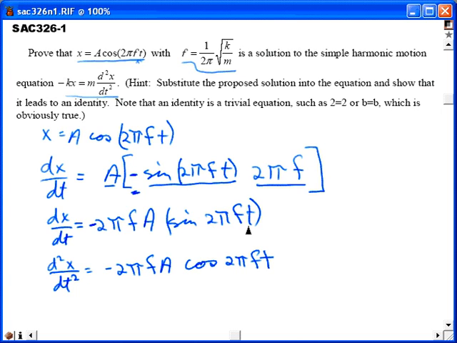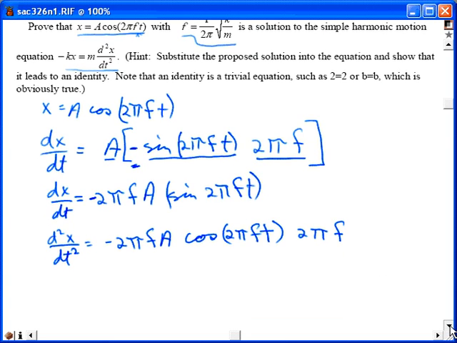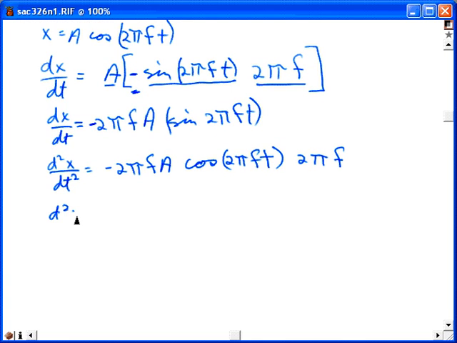And then times the derivative of the argument of the sine with respect to t, which would be the 2 pi f. So for the second derivative, I got a 2 pi f there and a 2 pi f there. Multiply them together. I've got, I'll call it 4 pi squared f.